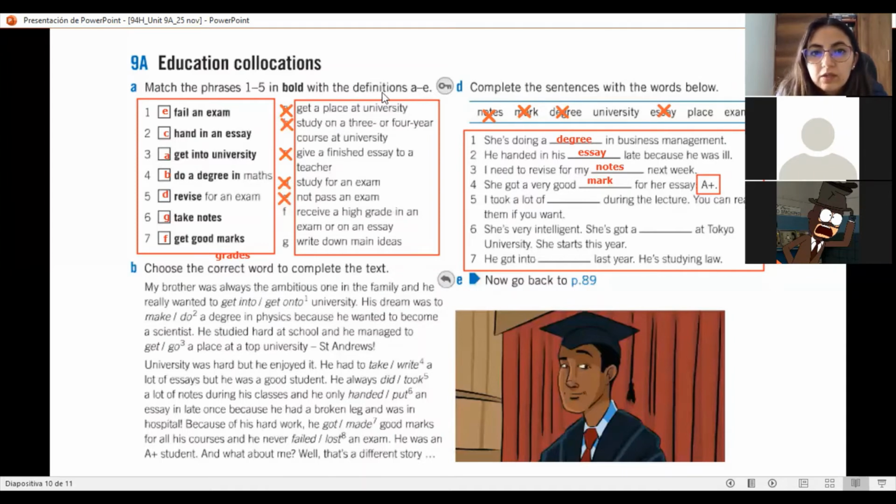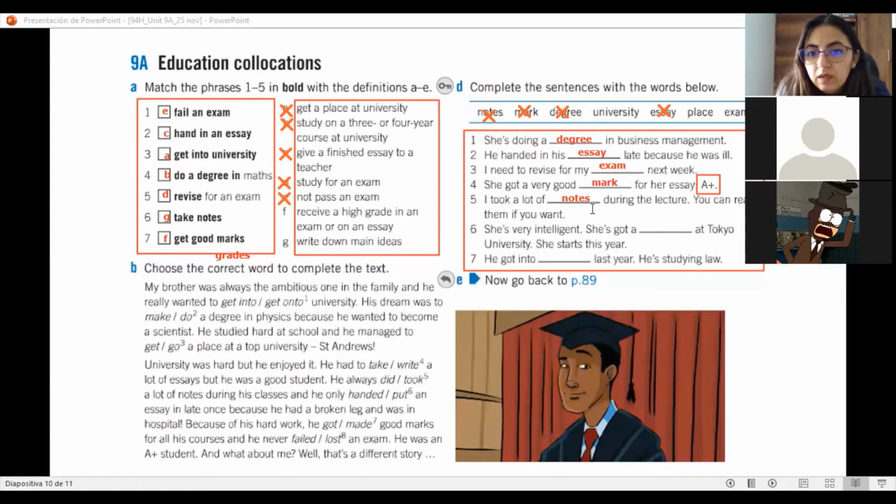I took a lot of, tomé muchas notas, muchos apuntes. Here we're going to change the word. Sorry, we're going to change it, notes. I need to revise for my exam, good. Así que sí tenían razón cuando dijeron exam aquí. Revisar o estudiar, no para mi exam.